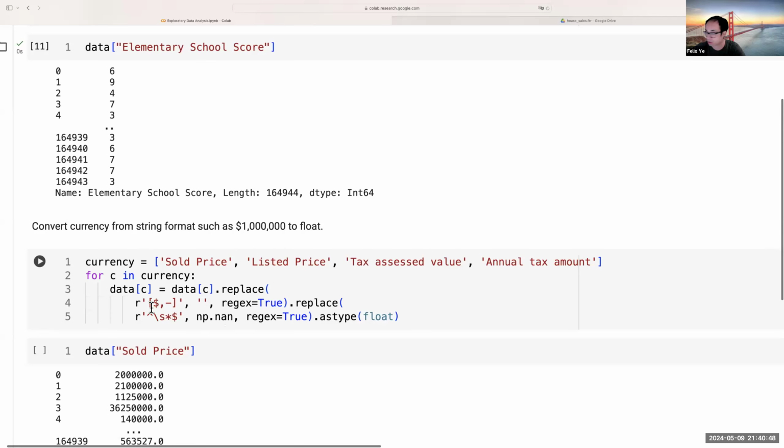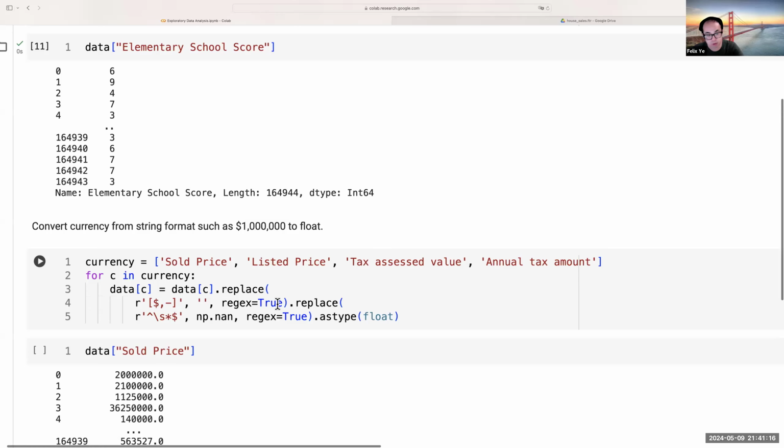All the symbols get replaced with empty. And if they have these kinds of symbols, I'm going to replace them as not a number. So this is the way you can replace all these string symbols and characters into meaningful values.